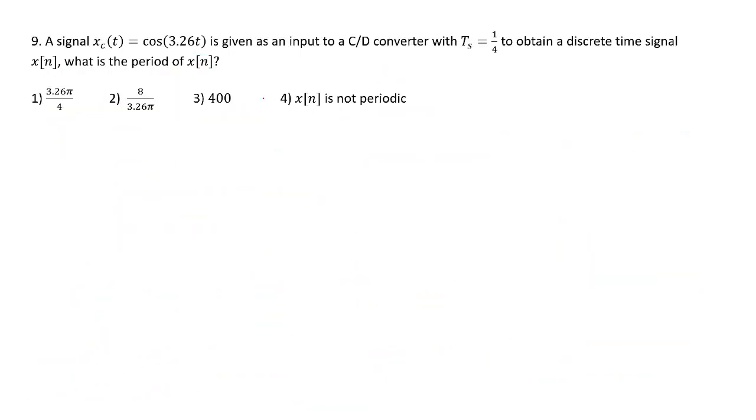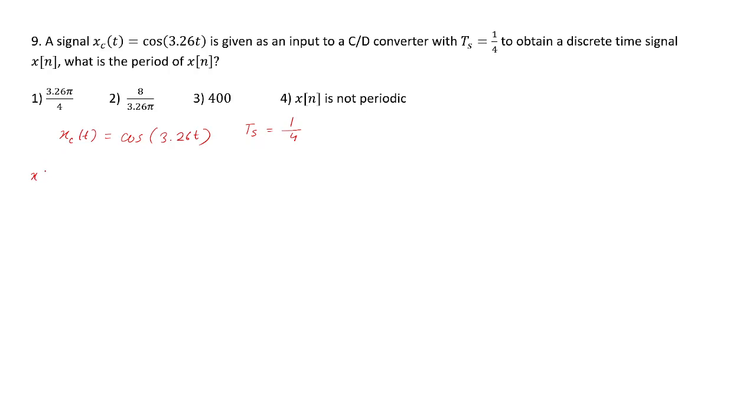Okay, let us move to the next question, where x_c(t) is equal to cos(3.26t) and is given as an input to a C/D converter. Again, the sampling period is given as 1/4.